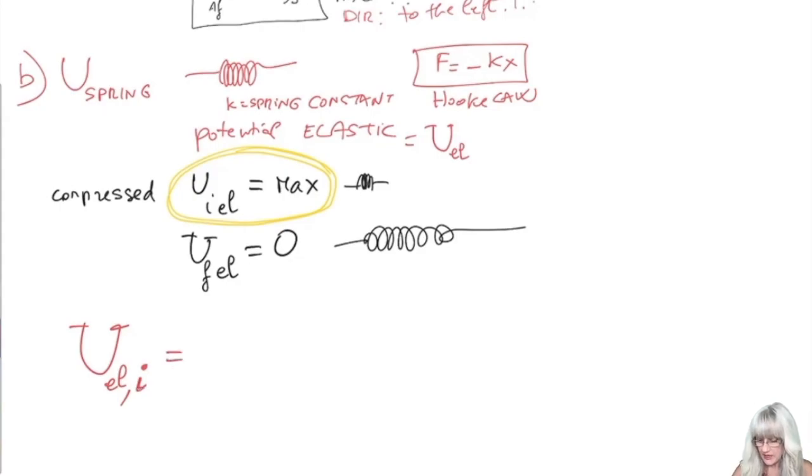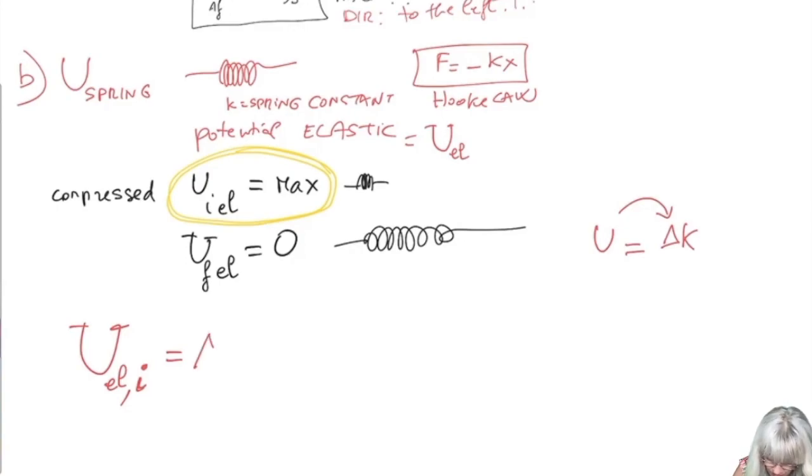You remember that when there is a potential energy, there is also a change in kinetic energy, and because there is a work, right, the work theorem. So in this case, this potential energy is equal to the change in kinetic energy.